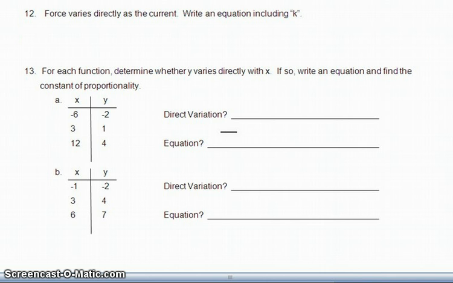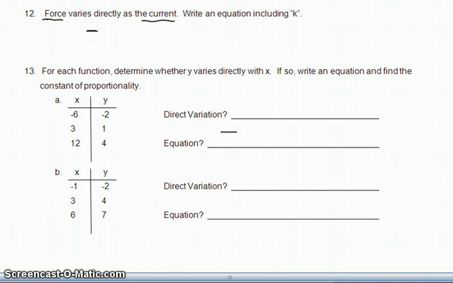All right, our next example, example 12, states that force varies directly as current. Write an equation including k. So force varies directly as current.